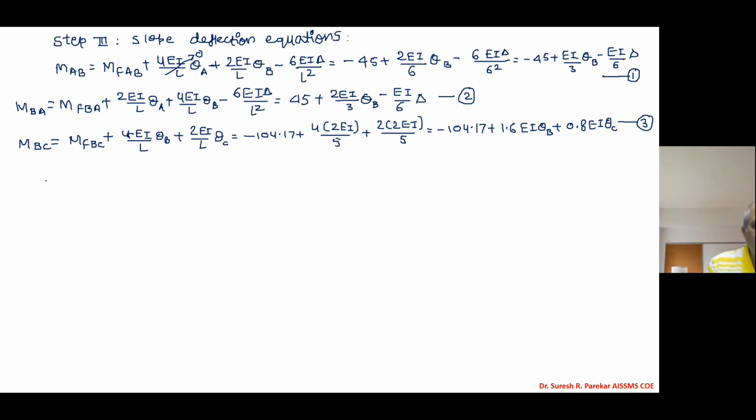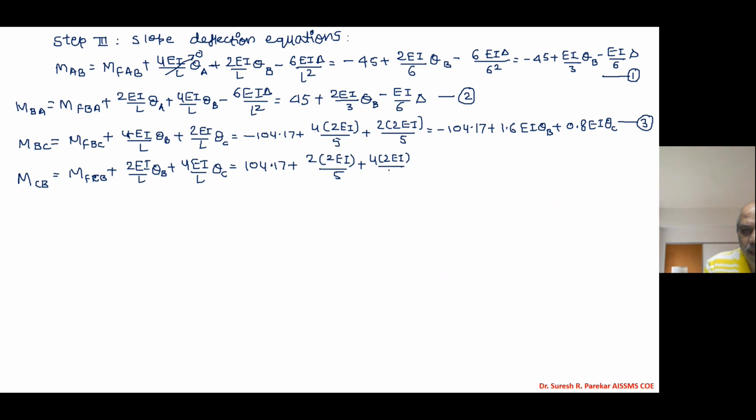Then we have MCB, MFCB plus 2 EI upon L theta B plus 4 EI upon L theta C, equal to 104.17 plus 2 in bracket 2 EI upon 5 plus 4 in bracket 2 EI upon 5.